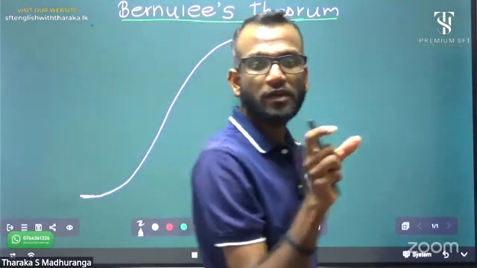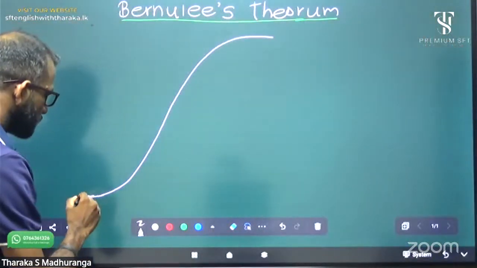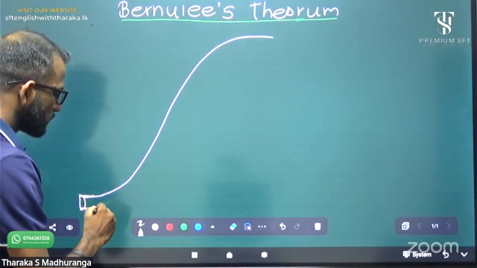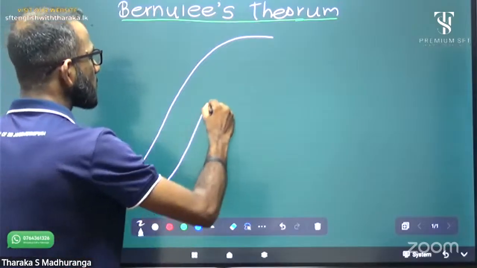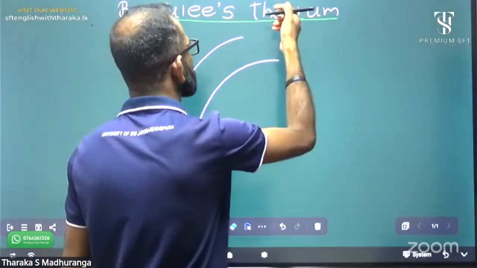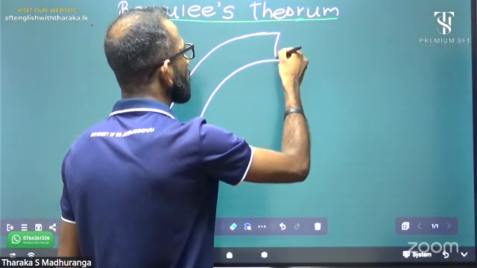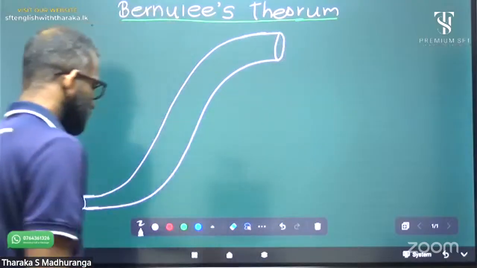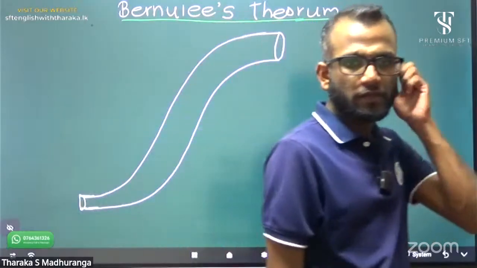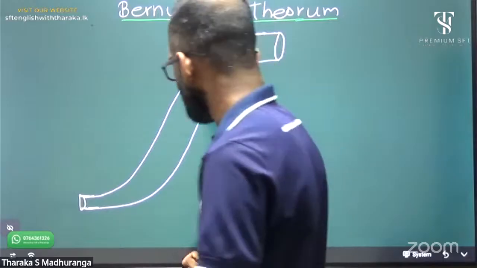A set of streamlines. It's a set of streamlines, and that is the name: stream tube.